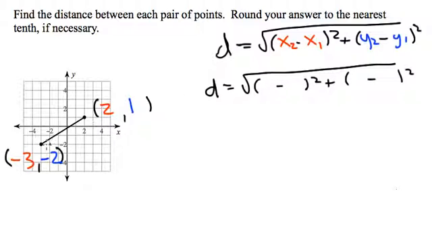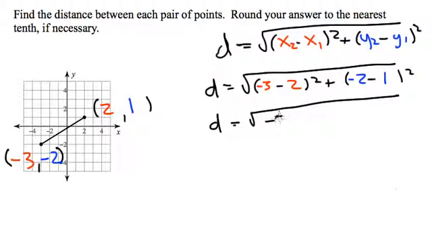Let's put in our values here. So for this one I've got -3 minus 2, and for our blue I've got -2 minus 1. Okay, let's solve this. So the distance equals -3 minus 2 is -5, that's going to be squared, plus -2 minus 1 is -3, that's going to be squared.